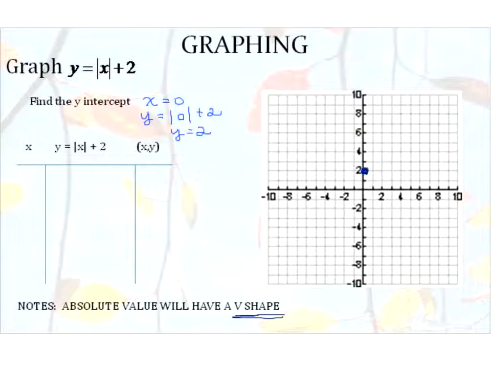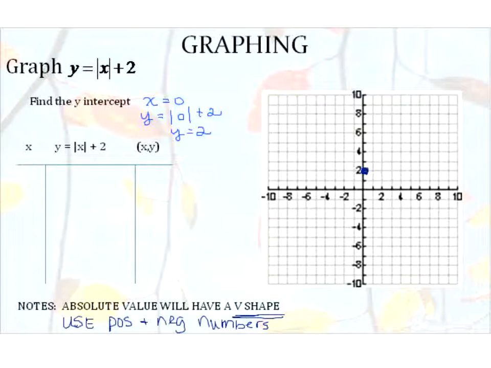So it's going to look like a V when you graph it. When you're making a table, I should have put this in the notes as well: use positives and negatives. If you're going to make a table to get an idea of what this looks like, use positive and negative numbers.